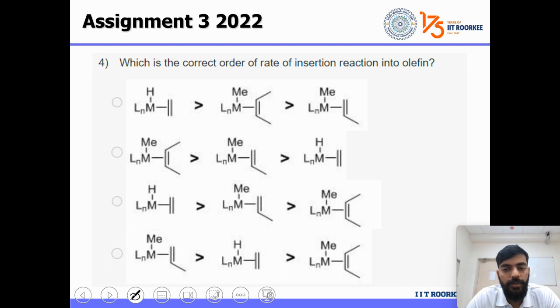They are asking the rate of insertion reaction into the olefin. Less substituted. Okay. Suppose less substituted is first, then again we have two options. Which one is correct according to you?